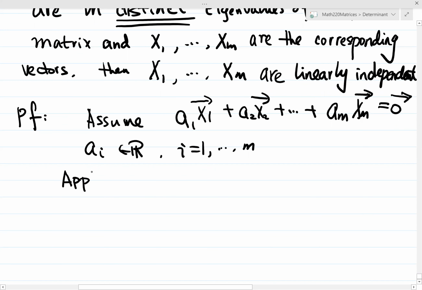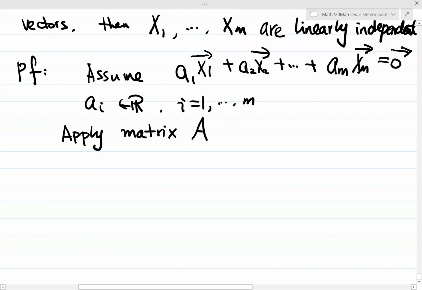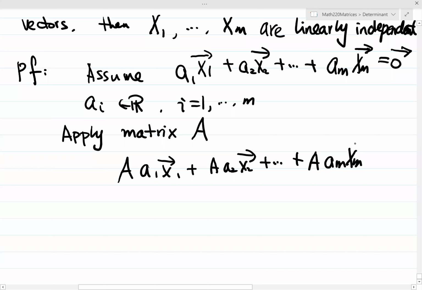Then we apply the matrix A to the above equation. We let matrix A multiply the vector. Multiplication is linear, so we can distribute to every term. So we get a1 A x1 plus a2 A x2 plus am A xm.